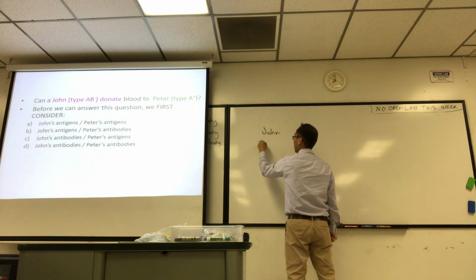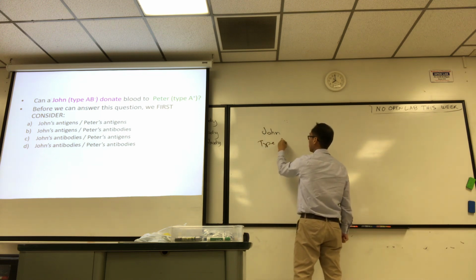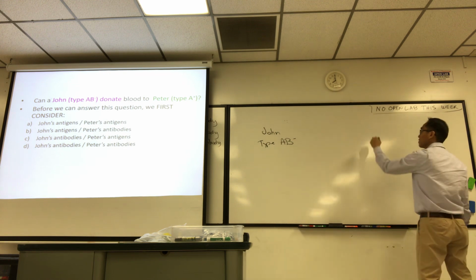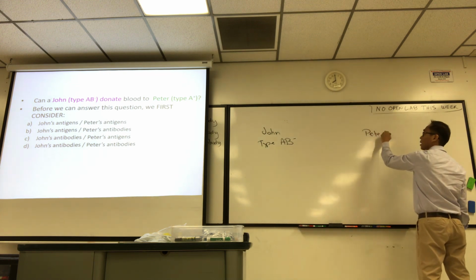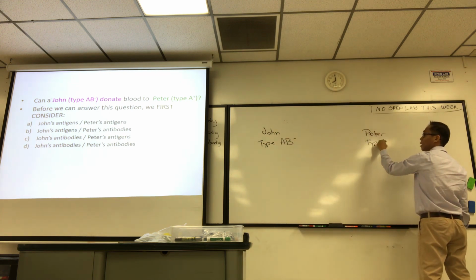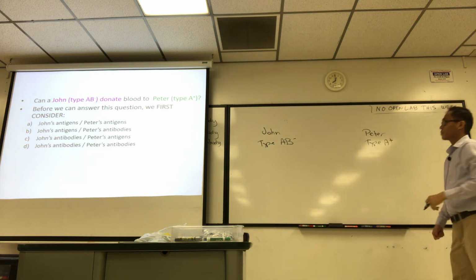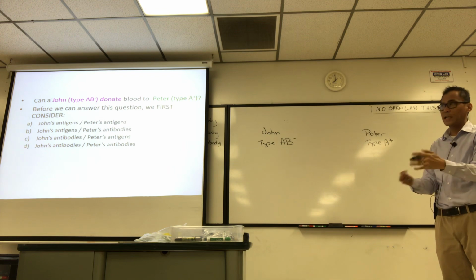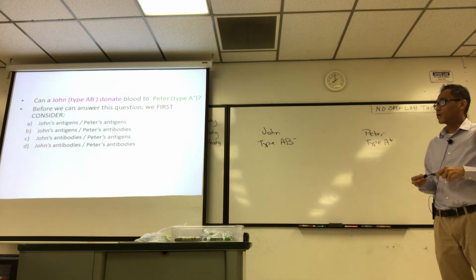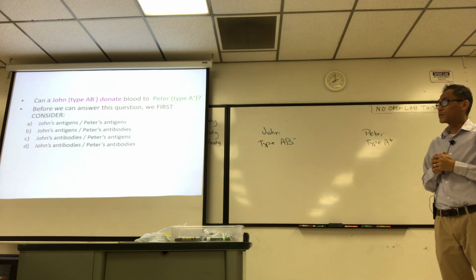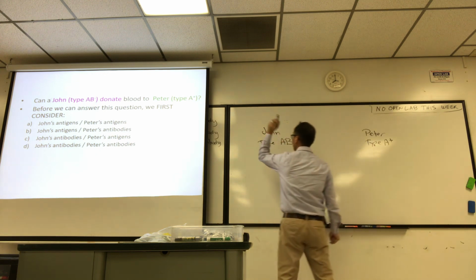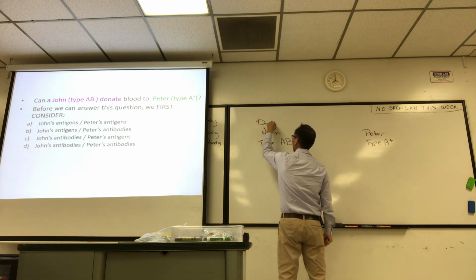John is type AB, and then I got Peter, type A positive. The basic idea is for students to understand, can this person donate to that person? You got to know their blood types. So before we answer this question, we must first consider, who's the donor, who's the recipient? John is, very good.